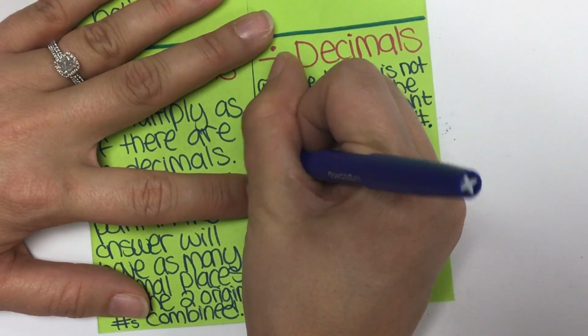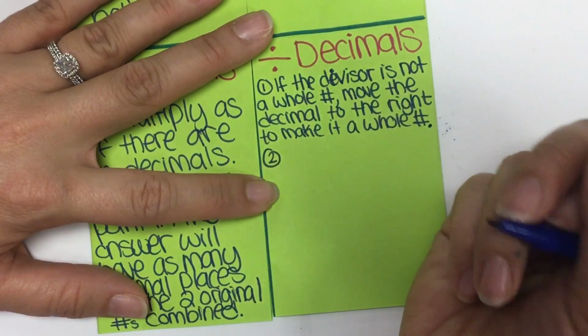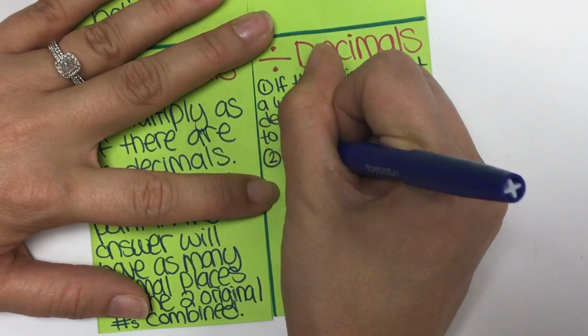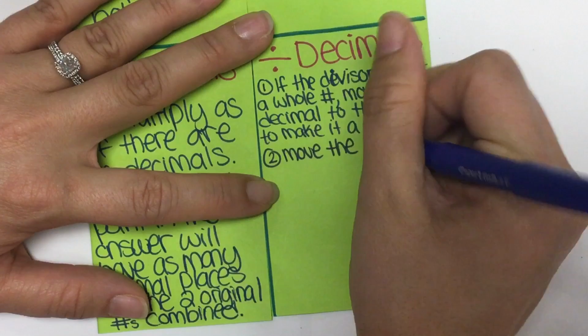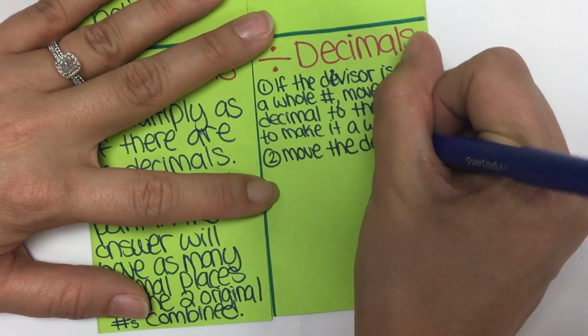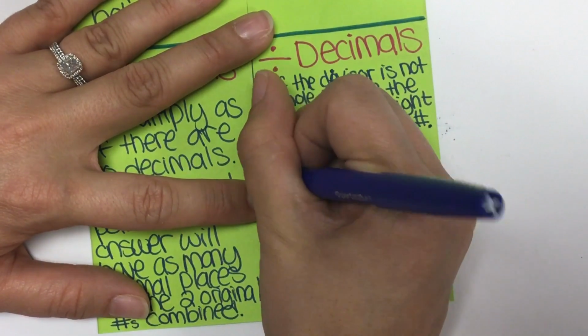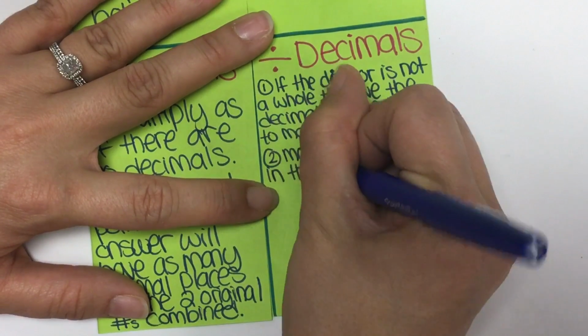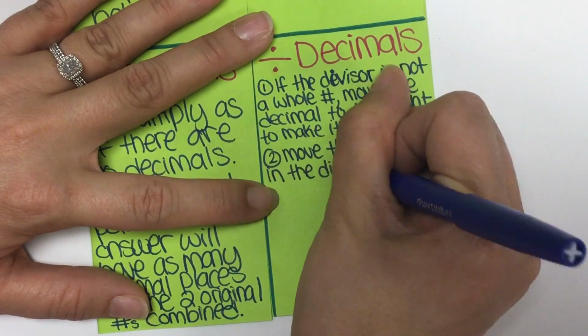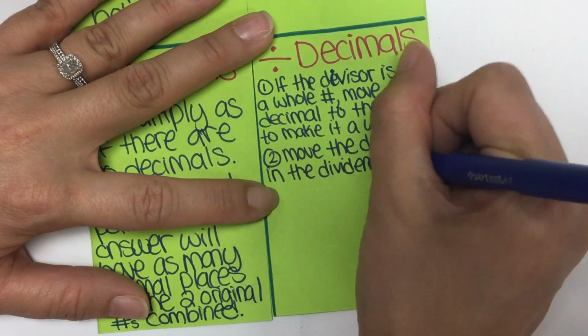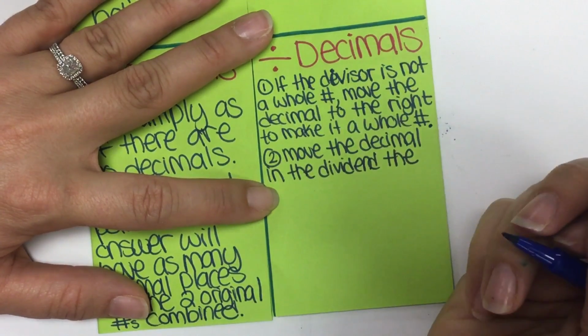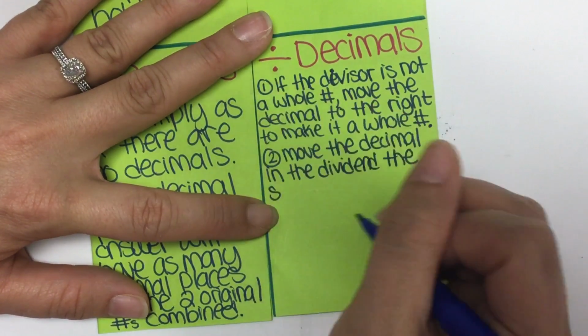Number 2. Now you need to move the decimal in the dividend the same number of places.